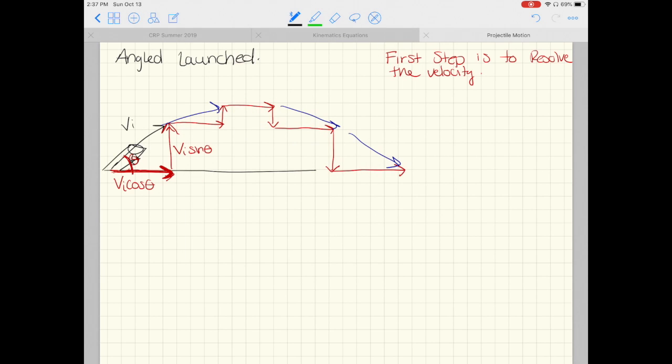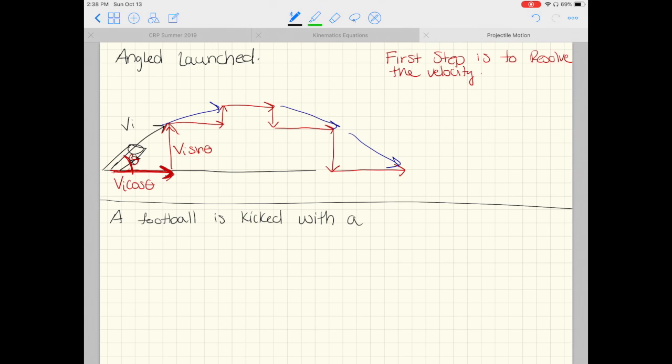Now, how do we solve problems? Let's look at an example. Let's say a football is kicked with a velocity of, let's say, 15 meters per second at an angle of 30 degrees.